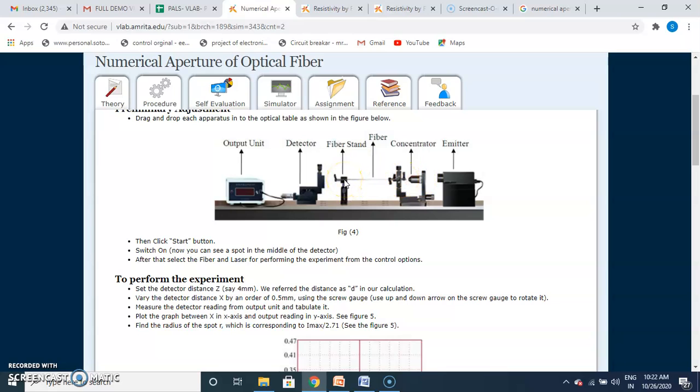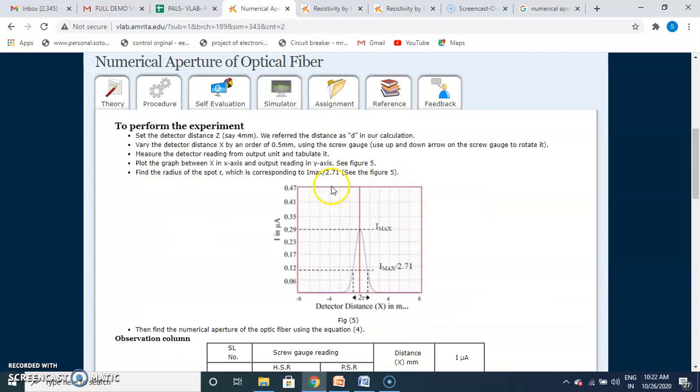From the fiber stand, the detector will detect the spot, and it is read by the output unit, so that we get the radius of the laser spot. And this is a graph between the detector distance and the Imax acceptance angle. I'm going to use the simulator.